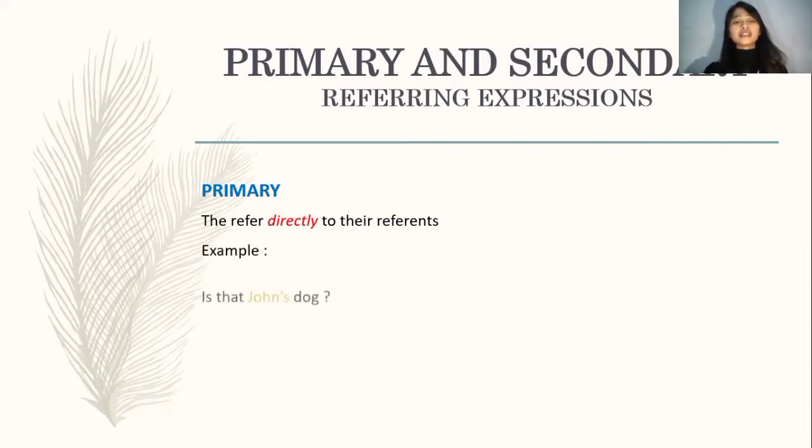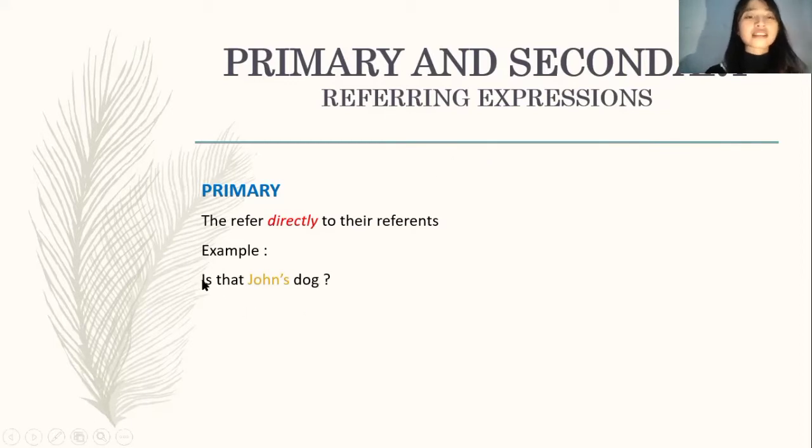For example, "that is John's dog." In this sentence, the word John's directly refers to the referent, that the referent is John.